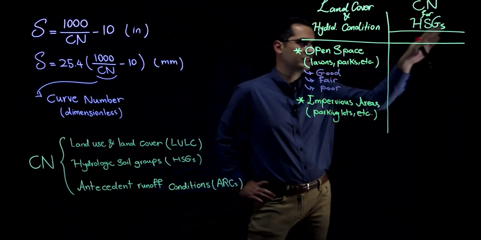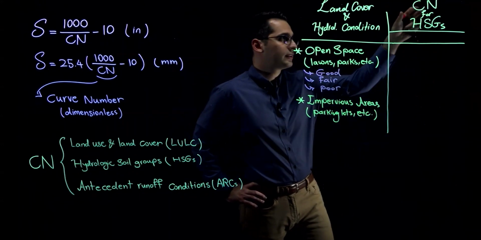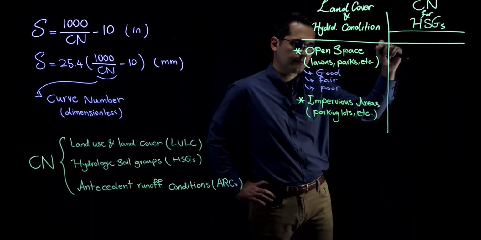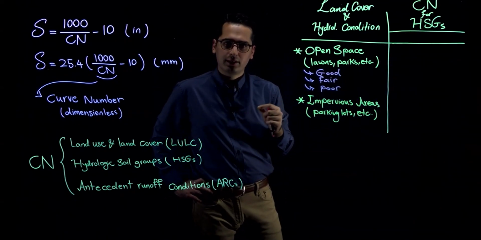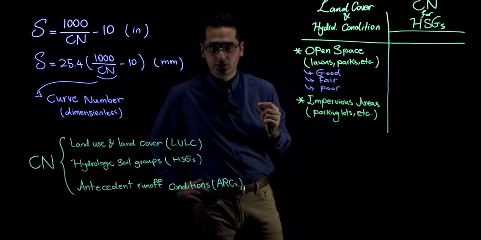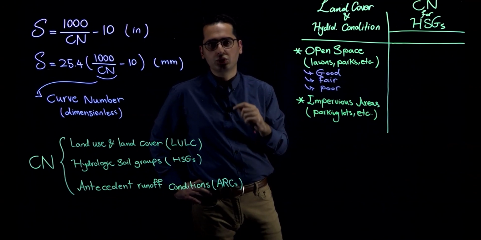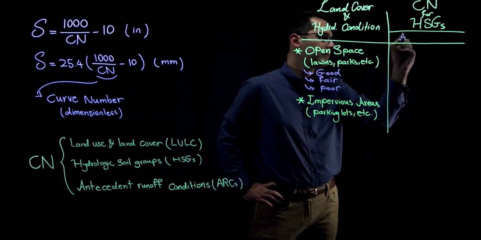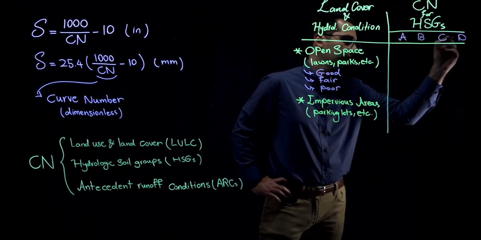And then on the right-hand side of this table, you'll find curve number values for different hydrologic soil groups. Based on minimum infiltration rate of different soil textures, you can classify different soils into 4 different hydrologic soil groups of A, B, C, and D.